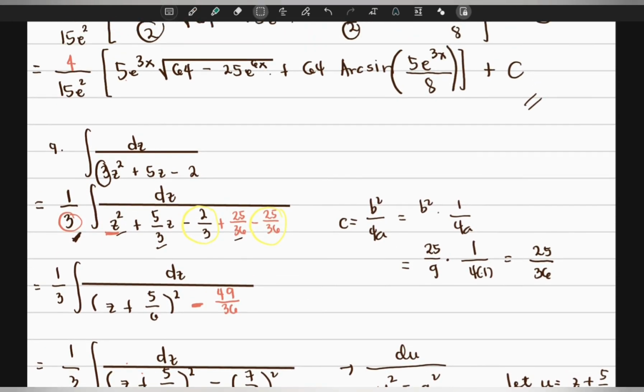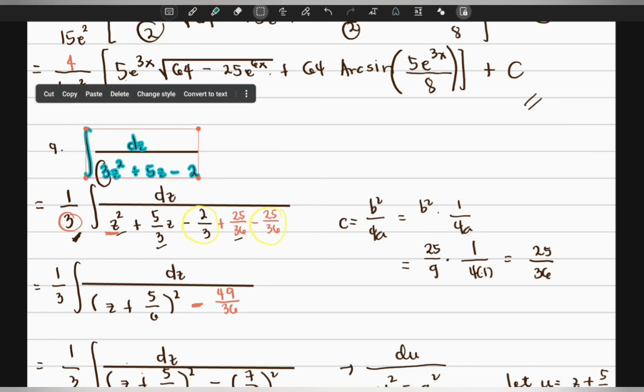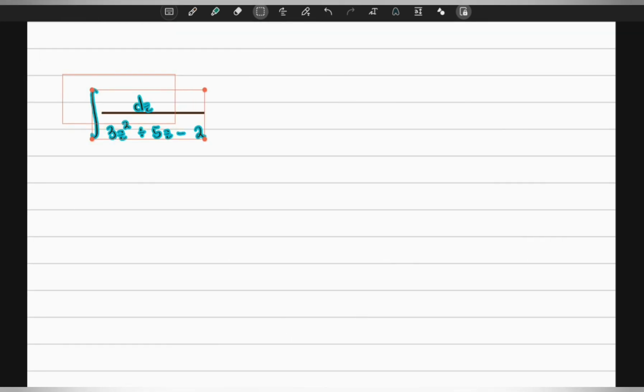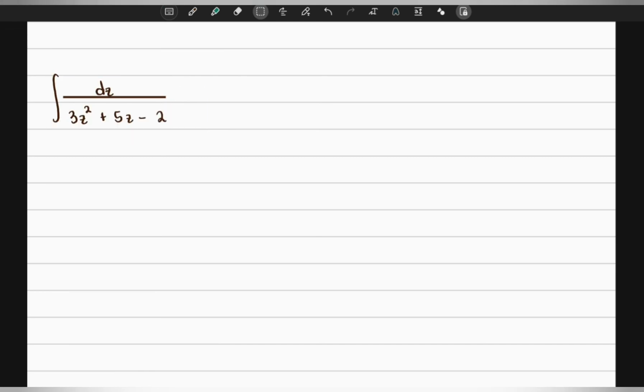Gawin na nga natin. Okay, gawin natin dito. Tapos yung ating C ay 25.